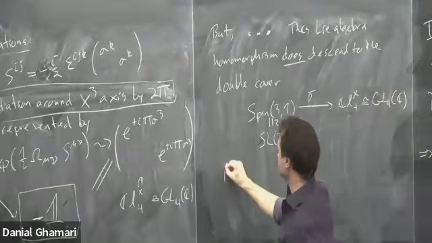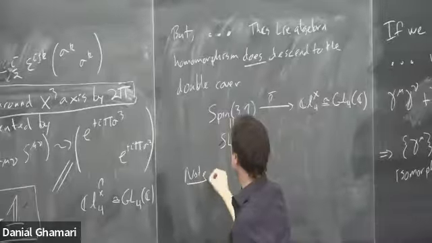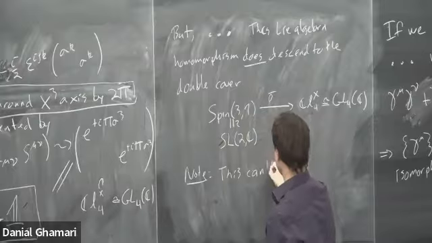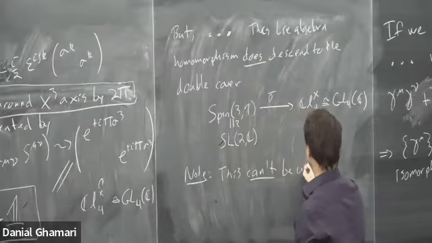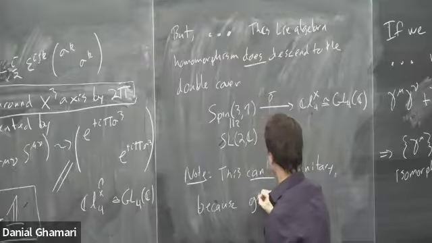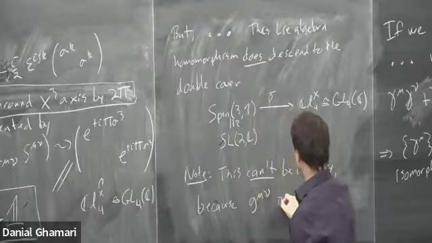There's an interesting note that this can't be unitary. The too long didn't read explanation is because the metric g mu nu is indefinite.